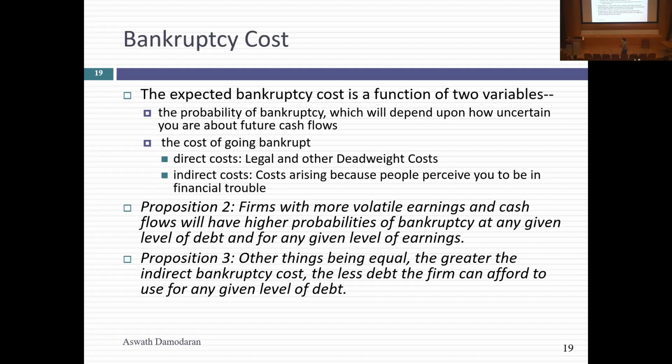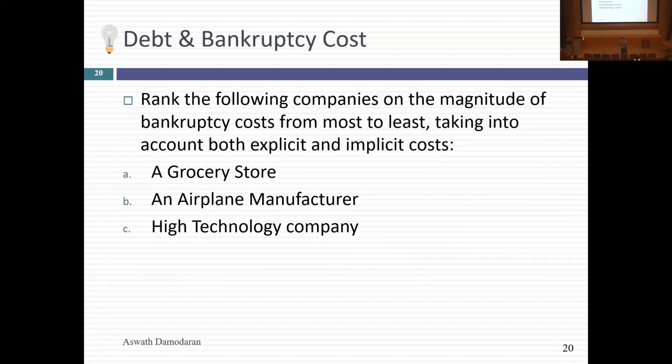So when you think about how much companies should borrow, first, companies with more stable earnings should borrow more than companies with more volatile earnings. But more critically, companies with indirect bankruptcy costs that are huge borrow less than companies without those costs. You're saying, shouldn't every company be affected by indirect bankruptcy costs? Well, to a degree, but to different degrees.